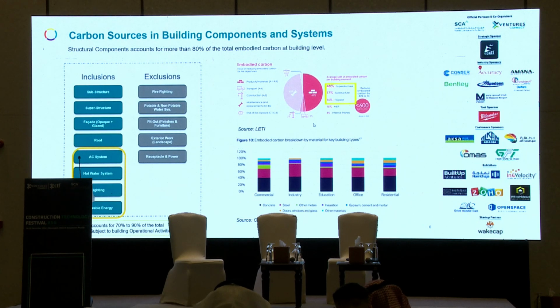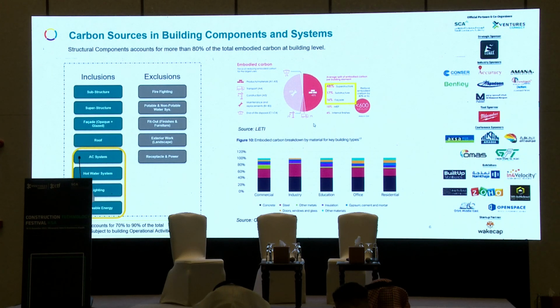But again, as discussed previously, it's important to understand what needs to be included in the carbon assessments and what needs to be excluded from the overall components, depending on the analysis or the targeted findings that we need.